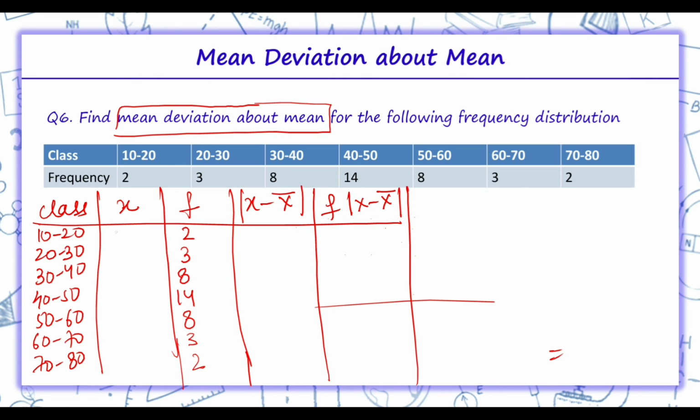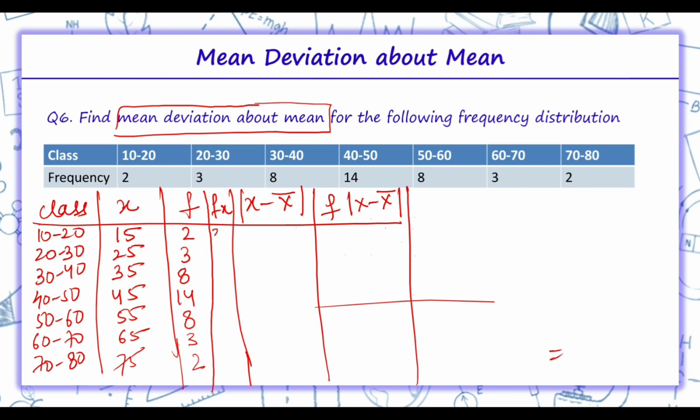Class mark is 30 by 2, which is 15, then 50 by 2, 25. Similarly, here we'll get 35, 45, 55, 65 and 75. Now since we have to find the mean, we'll make one more column in which we'll calculate fx, by multiplying f and x.